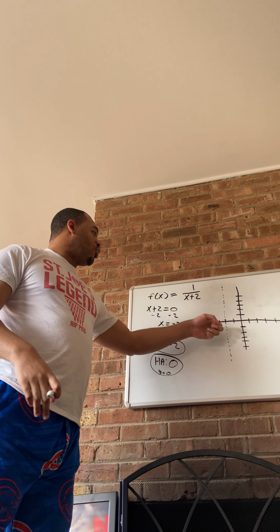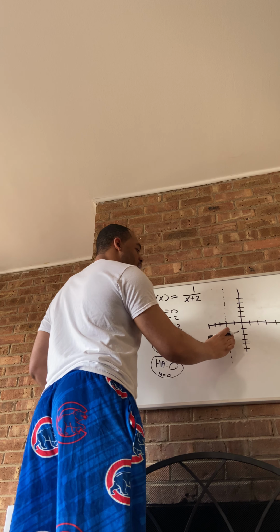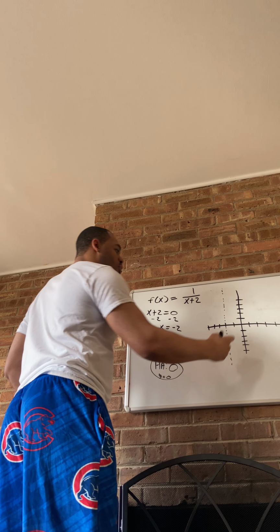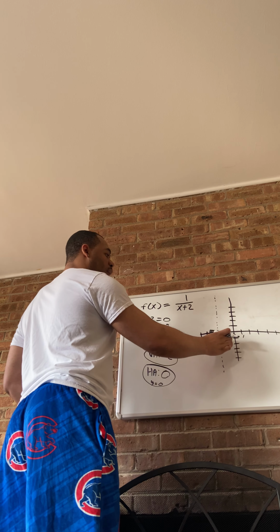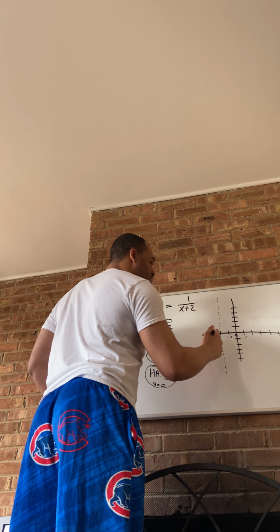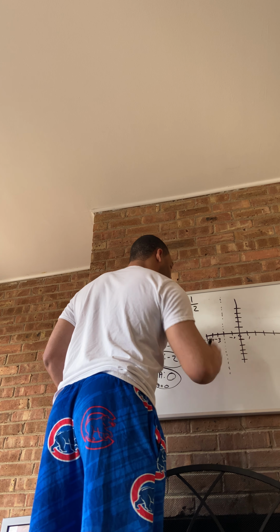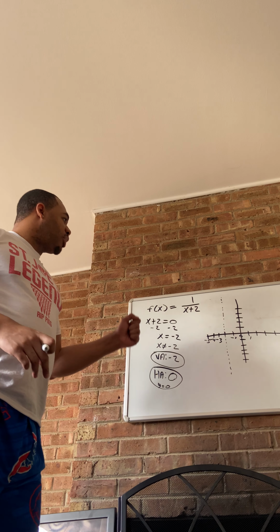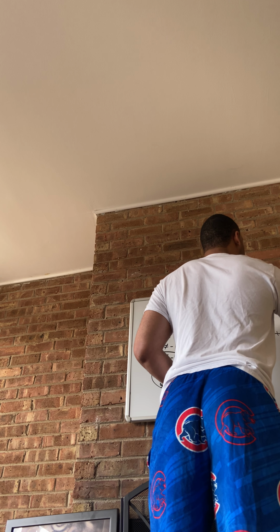Last thing we gotta do, we gotta pick points to the left and to the right of our asymptote. I want 3 points to the right of my vertical asymptote, and I want 3 points to the left of my vertical asymptote. Like I said in the previous example, we're going to create a table so we can remember our points.